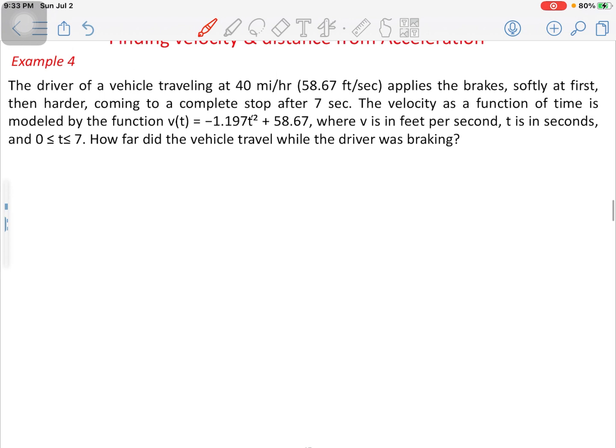The last example talks about the driver. Let's come in here. It talks about a driver traveling at 40 miles per hour which is 58.67 feet per second, who applies the brake softly at first and then harder, coming to a complete stop after 7 seconds.